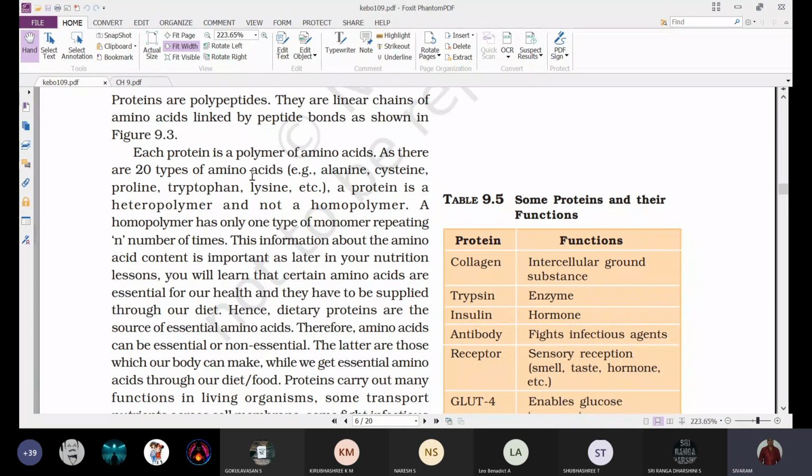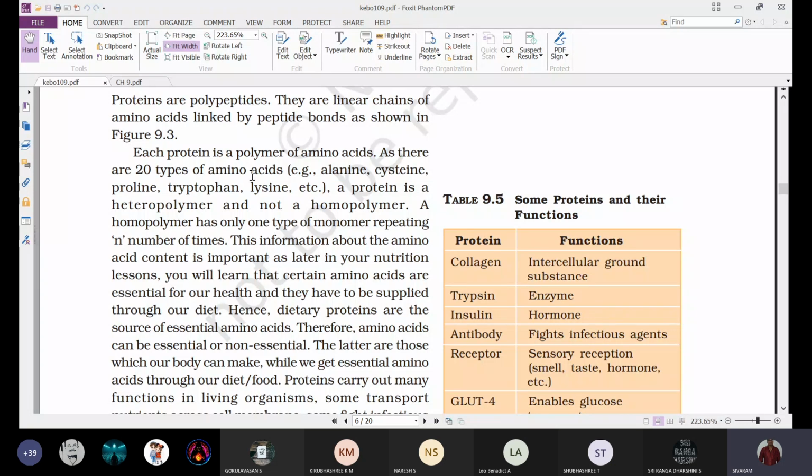Because they cannot be synthesized, they have to come along with the diet or food we take. Such amino acids we call essential amino acids. That's why we have to prefer proteins which are rich in essential amino acids. That is the quality food. That one only we say is quality food.